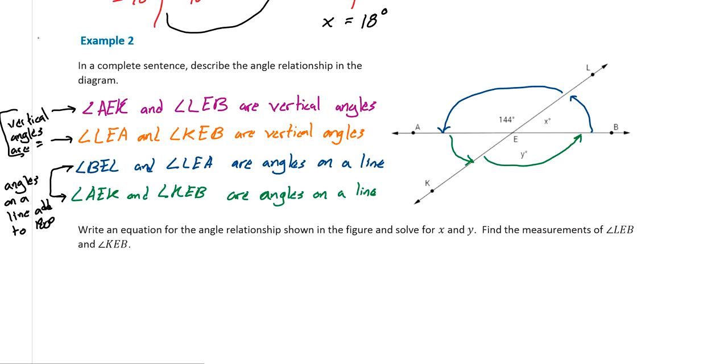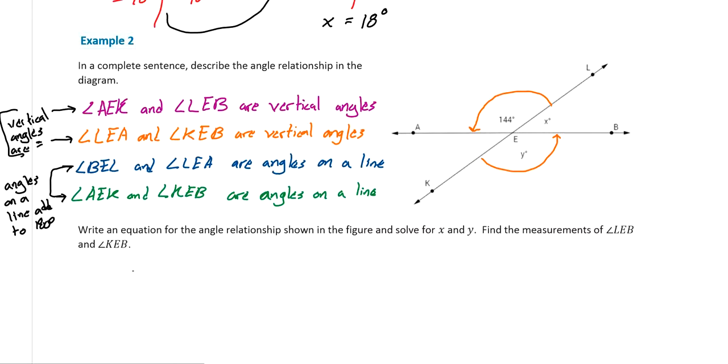We know, we erase some markings here. So LEA and KEB, we know those are vertical angles.